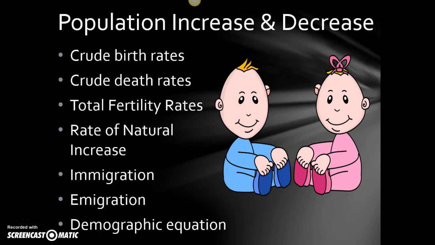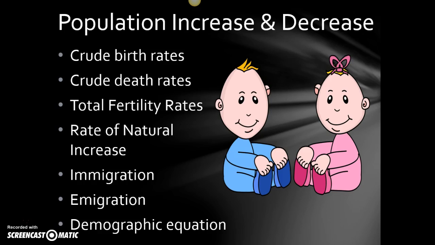And that's just an eyeball estimate, and it'll vary obviously individual to individual, but it's different than how many babies are actually being born, which is what the crude birth rate measures. Total fertility rate again is just really an estimate more than anything else.